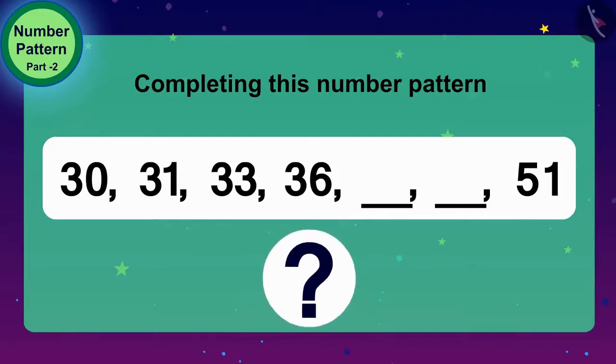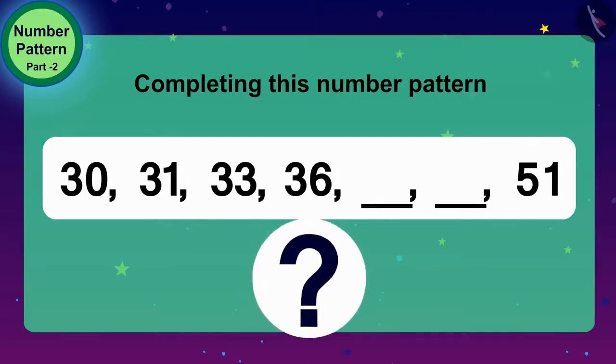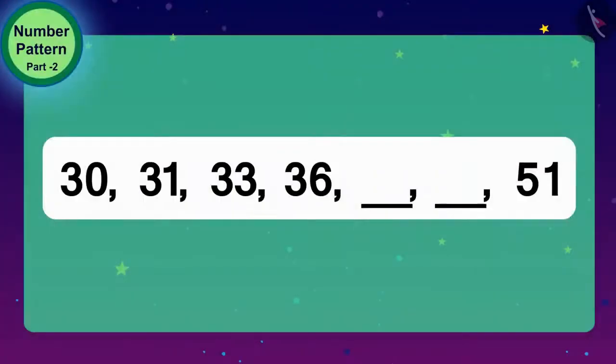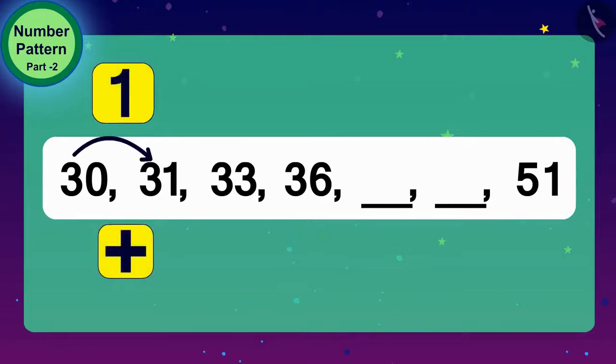Let us find the rule of this number pattern. What would we do if we had to reach from 30 to 31? Exactly. We will add 1 to 30. And what do we have to do to get 33 from 31?